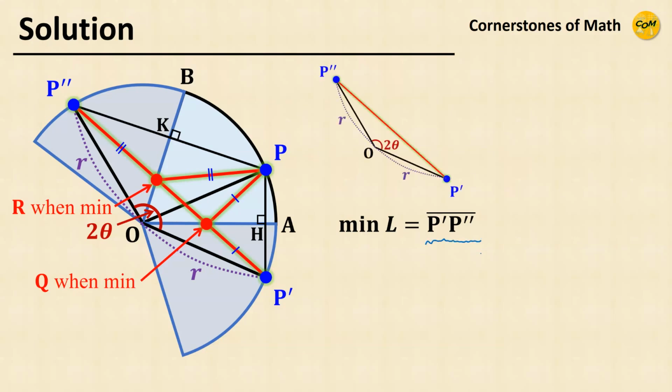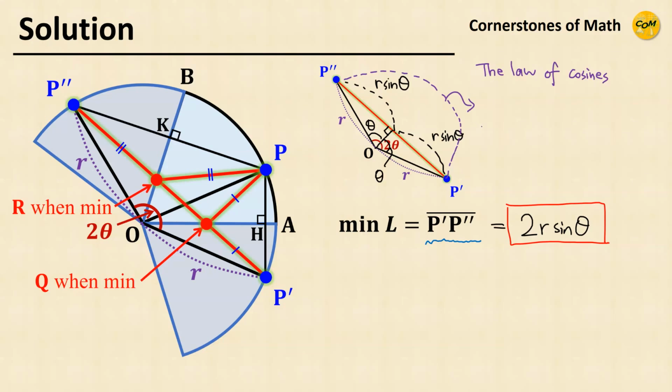There is more than one way to do it. For example, if you split the triangle like this, so this angle is theta and this angle is theta, then this length is r sine theta, and this length is r sine theta, giving length P'P'' as 2r sine theta.